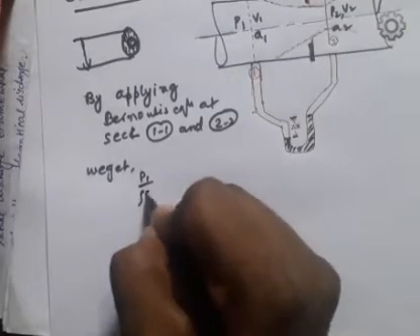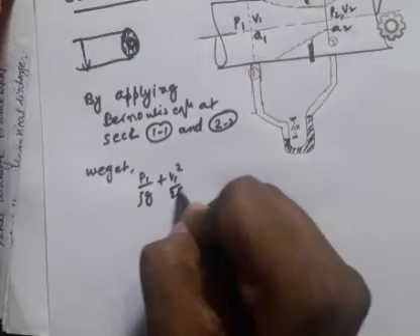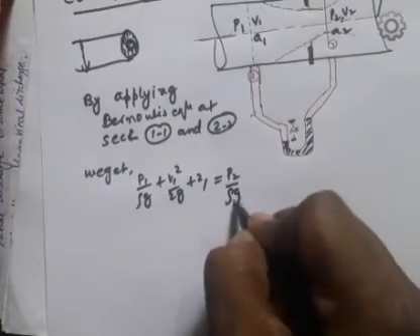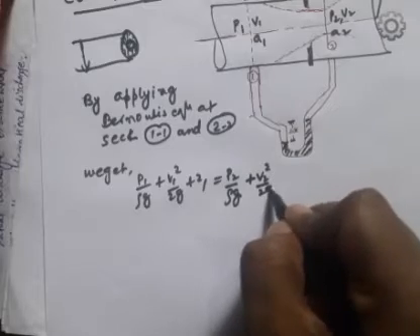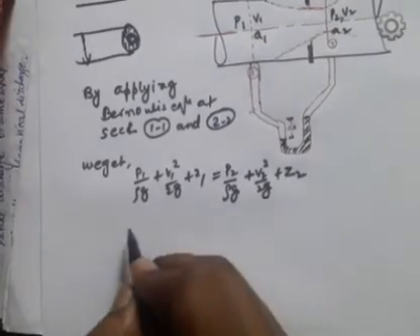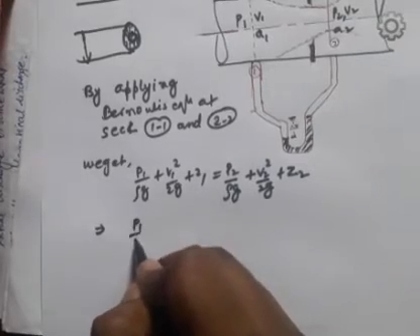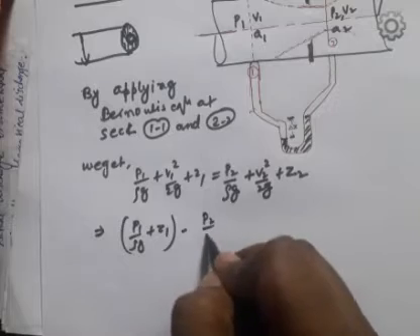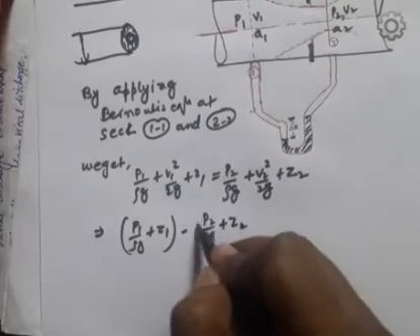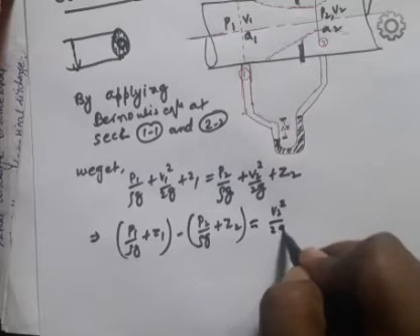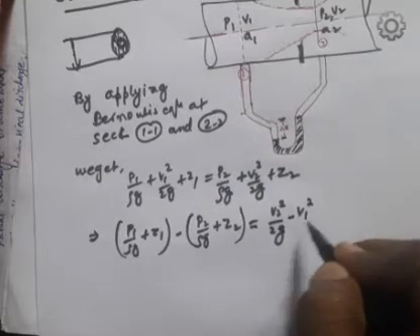P1 by rho g plus V1 square by 2g plus Z1 equals P2 by rho g plus V2 square by 2g plus Z2. From this we can find out P1 by rho g plus Z1 minus P2 by rho g plus Z2 equals V2 square by 2g minus V1 square by 2g.